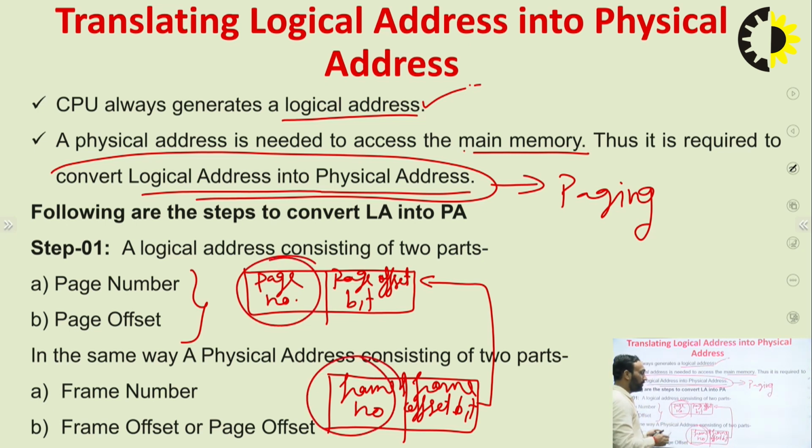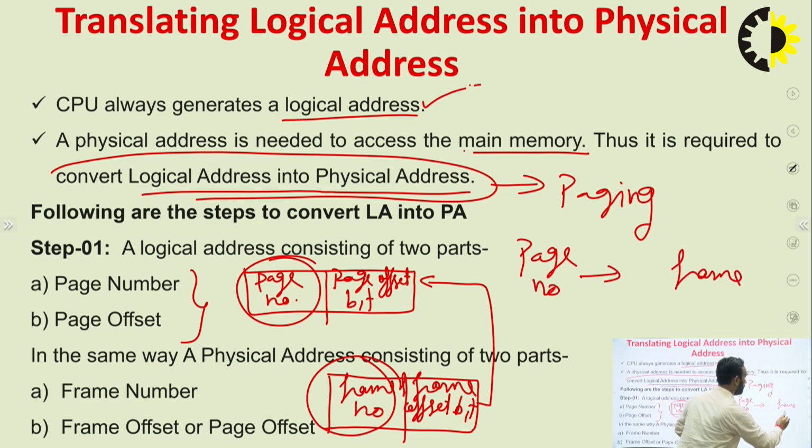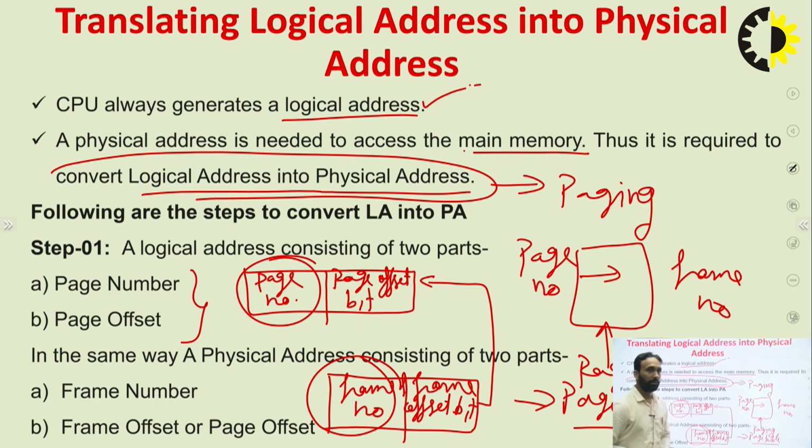To identify, or convert, a page number into a frame number, we require some mechanism. This mechanism is known as paging, and in paging this is done with the help of the page table. What does the page table contain?